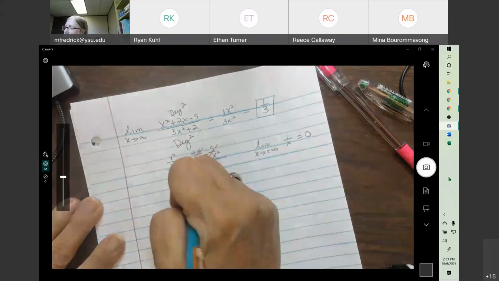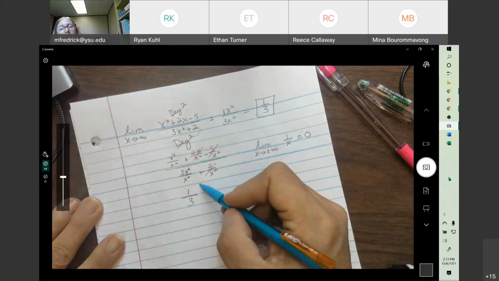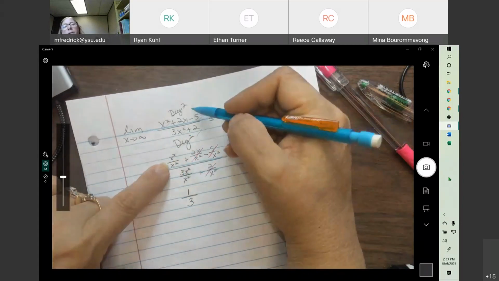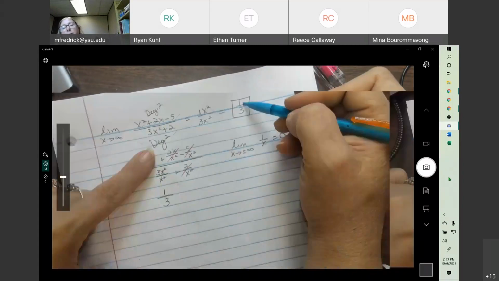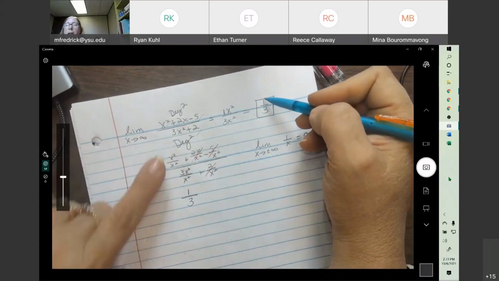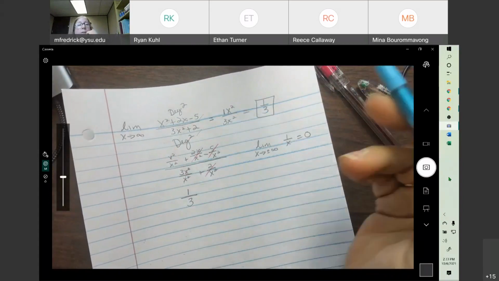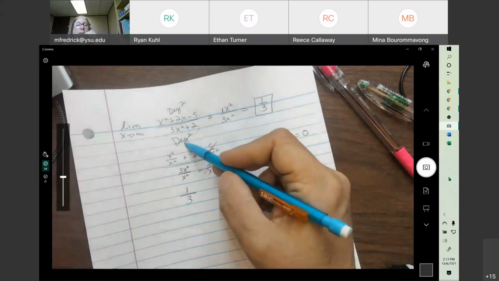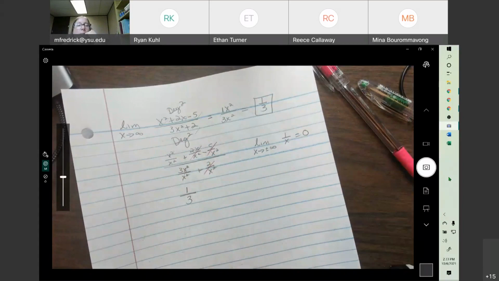X squareds cancel, 3. So you're going to get the same answer. I just think that's a lot of work when you could just look at the degrees and get the same answer. And then once we learn the quick form of the derivative, you can just take the derivative of top and bottom. But this is still the quickest and easiest way.